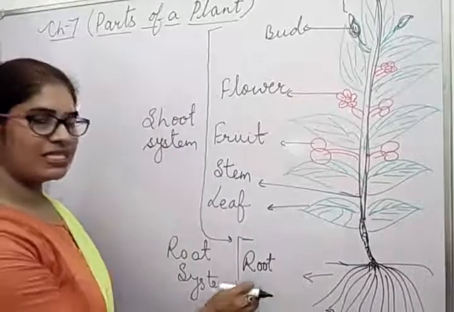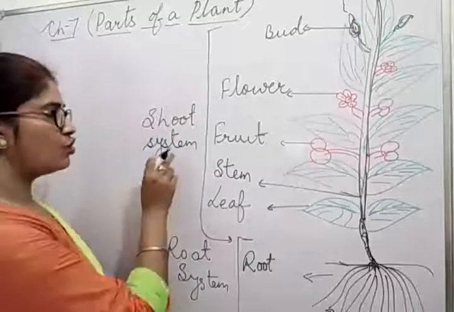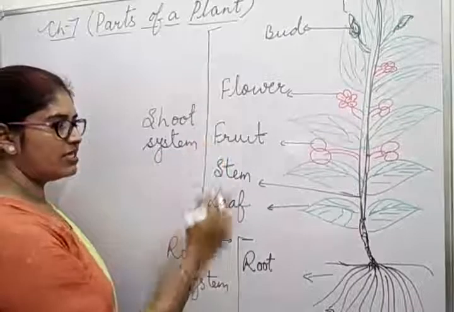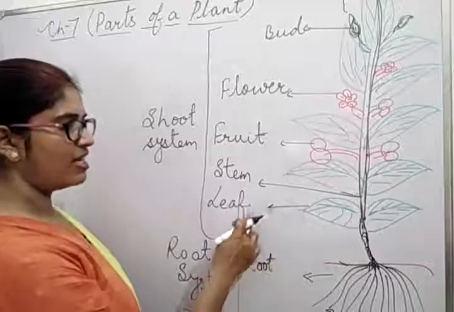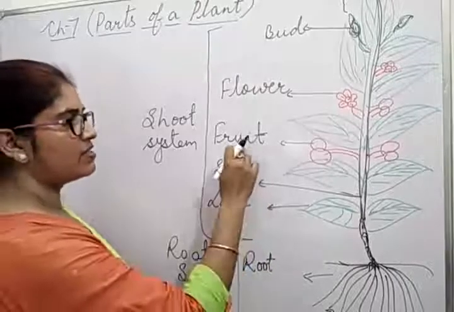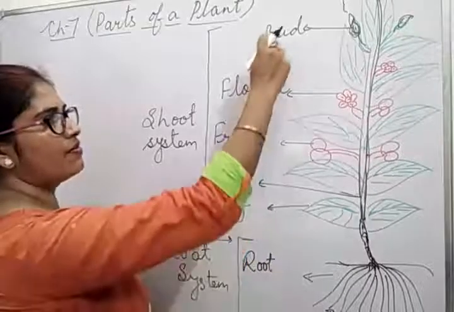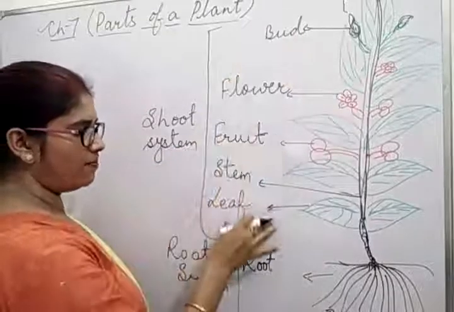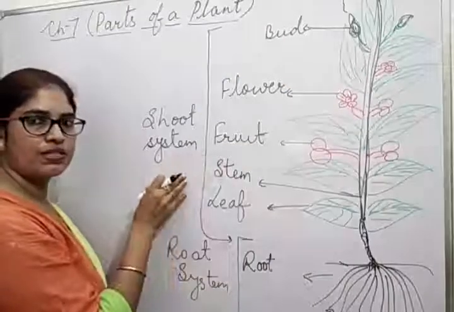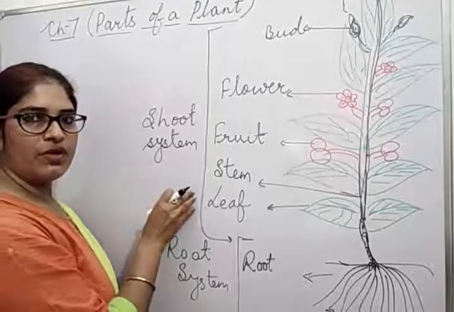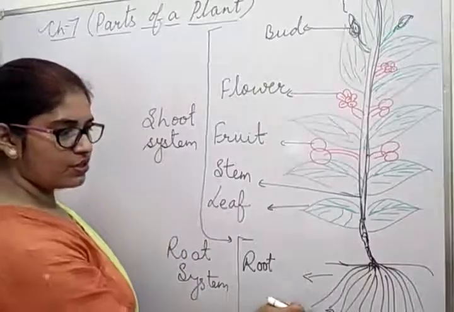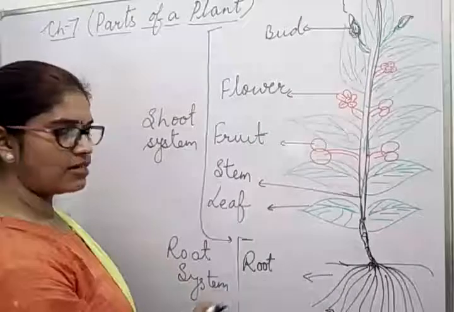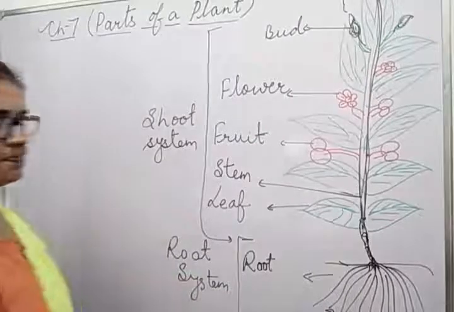The root system consists only of roots, and the shoot system, as you can see here, consists of many parts of the plant. It can consist of the stem, the leaves, the fruit, the flower, and the bud. All these parts of the plant come under the shoot system, which grows above the soil on the land, and the root system grows below the surface of the earth.